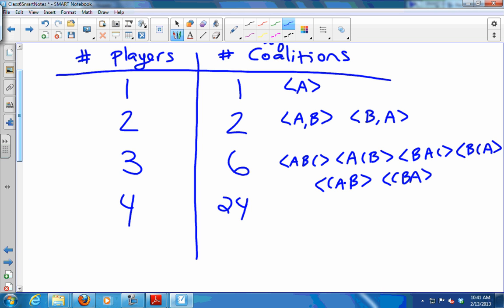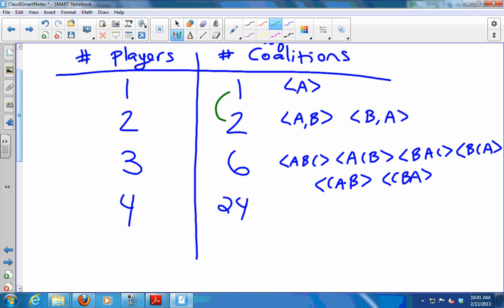All right, so let's look at this table. Think about it real hard. Stare at it. Can we come up with a pattern? 120. How'd you get that? Oh, okay.